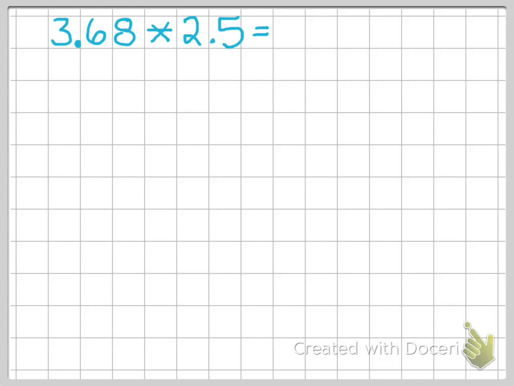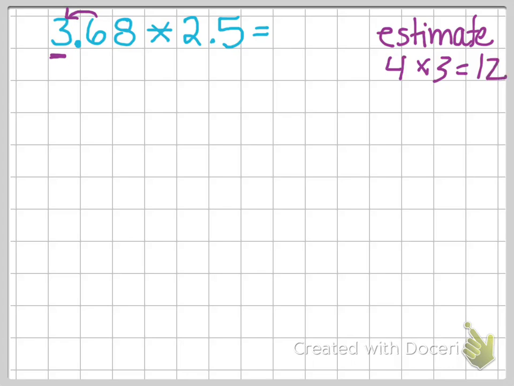Alright, we're going to jump ahead to a little bit harder problem. Here's our estimate. Help me out. Alright, we want to round to the largest place value. The 6 tells the 3 to bump up to 4. And the 5 tells the 2 to bump up to 3. So our estimate is 12.